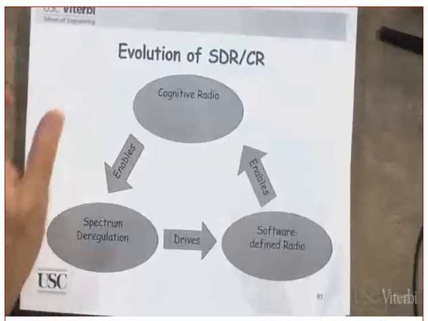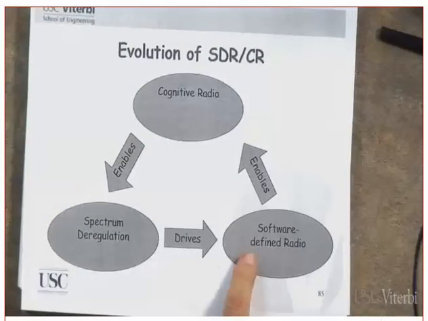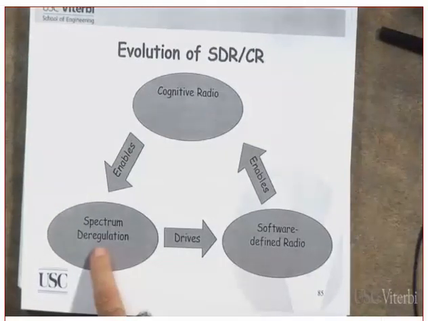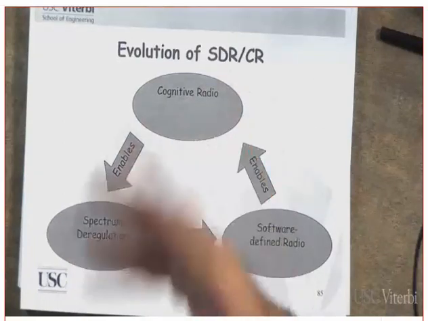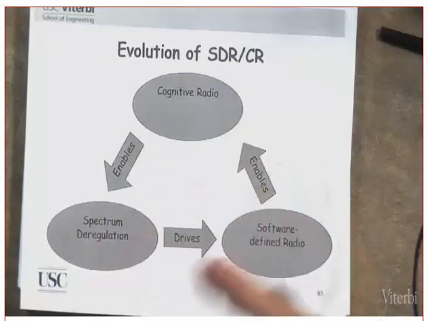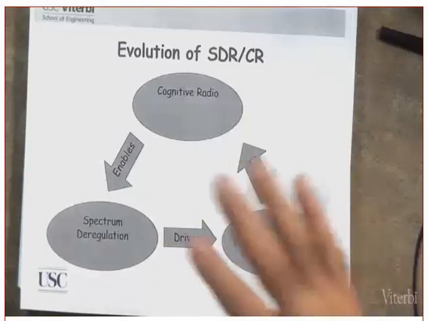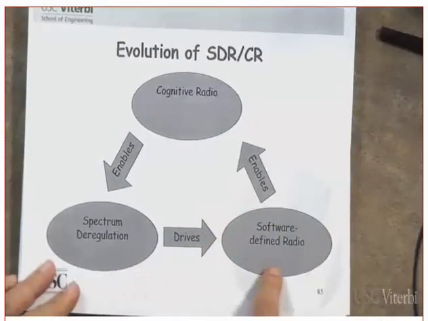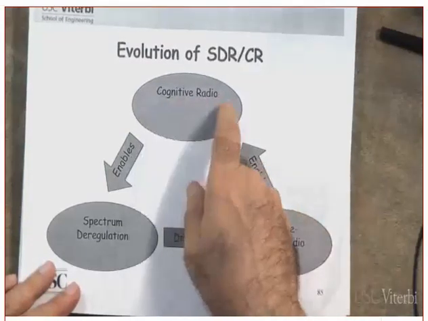By the way, you can see from this chart that what drives the software-defined radio is deregulation. Deregulation means removing some regulations, loosening up a little bit. The regulation is very tough. You try to loosen up to provide for progress in the design of software-defined radio. This will enable cognitive radio.